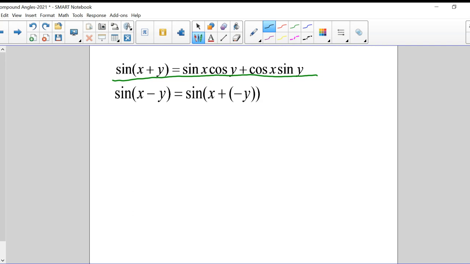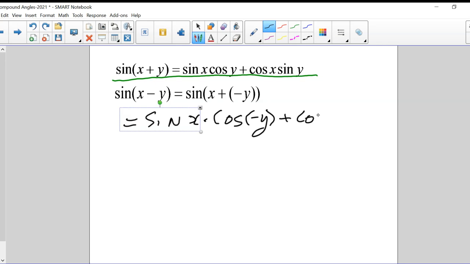It says the sine of x, I'm going to write down the sine of x times the cosine, I'm looking again at what this says, of minus y, plus the cosine of x times the sine of minus y.